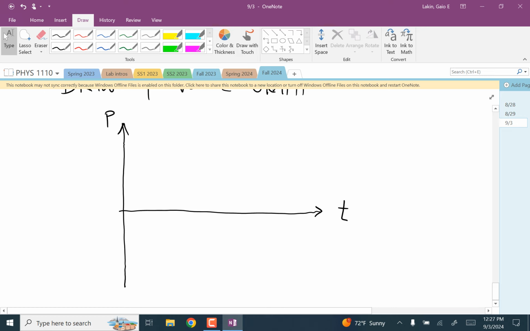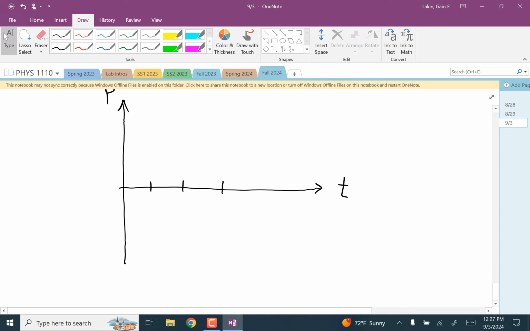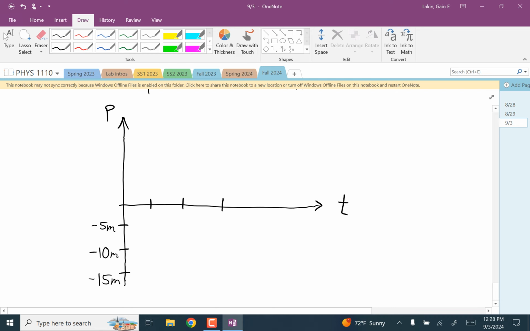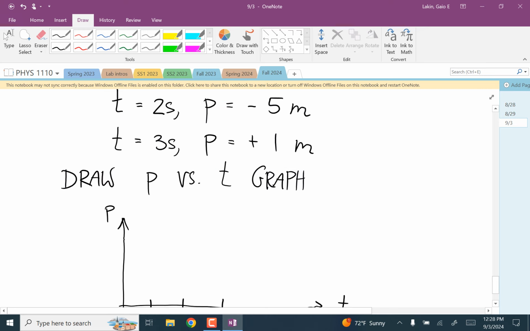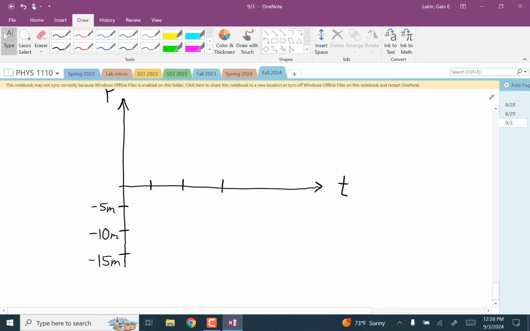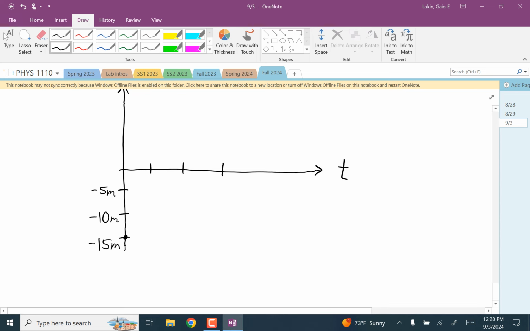So the times that we care about are time equals 0, 1, 2, 3. That's all I gave. And the positions are, so this is 5, 10, 15 in the negative direction. Up above would be the positive direction. And so at time equals 0, the position is negative 15, so that's this.